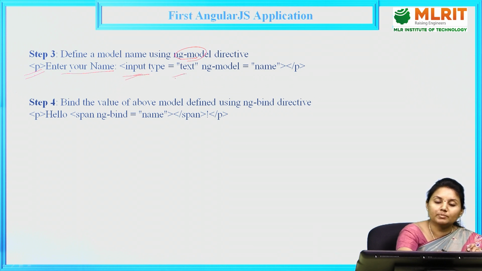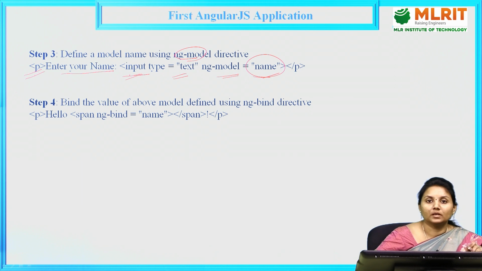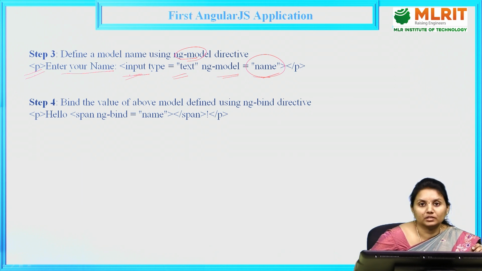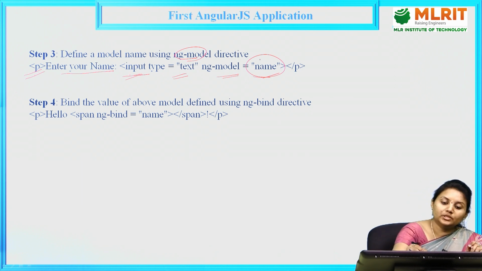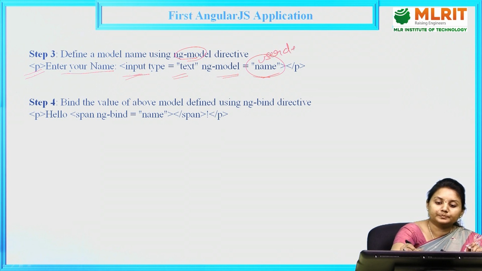Input type equals text, ng-model. What is that ng-model? Name. What is this name? Name is the name of this text. Enter your name we are giving. So this is user defined. Any user defined name can be given for the ng-model. This is the paragraph.